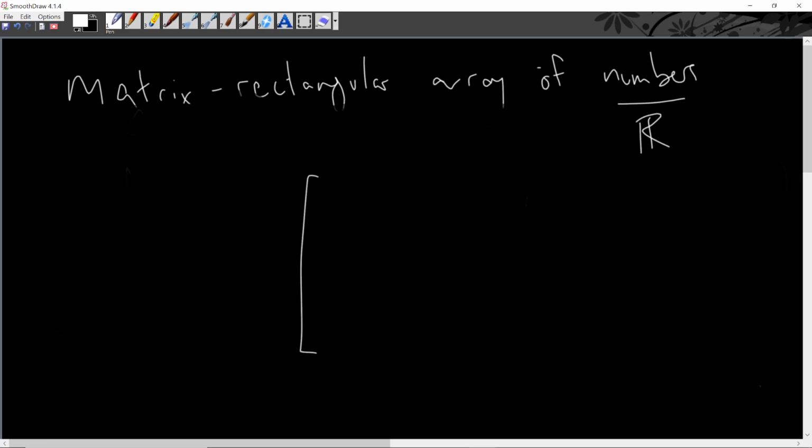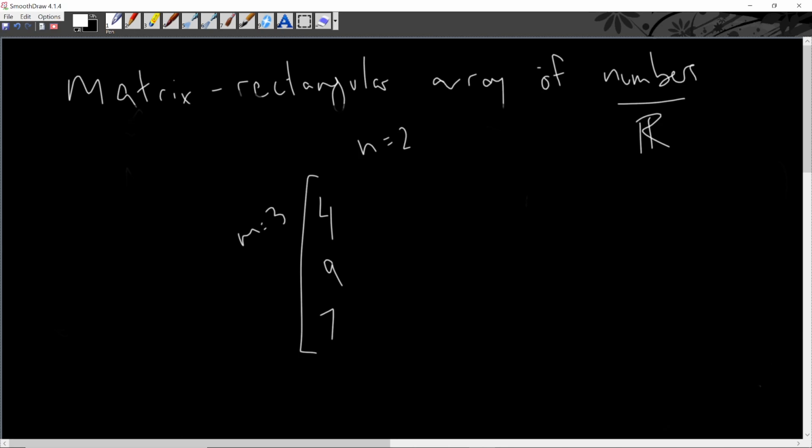Excuse me. So let's come up with some numbers. We'll say maybe 4, 9, 7, so 3 rows. So m is equal to 3, and then n is equal to 2.